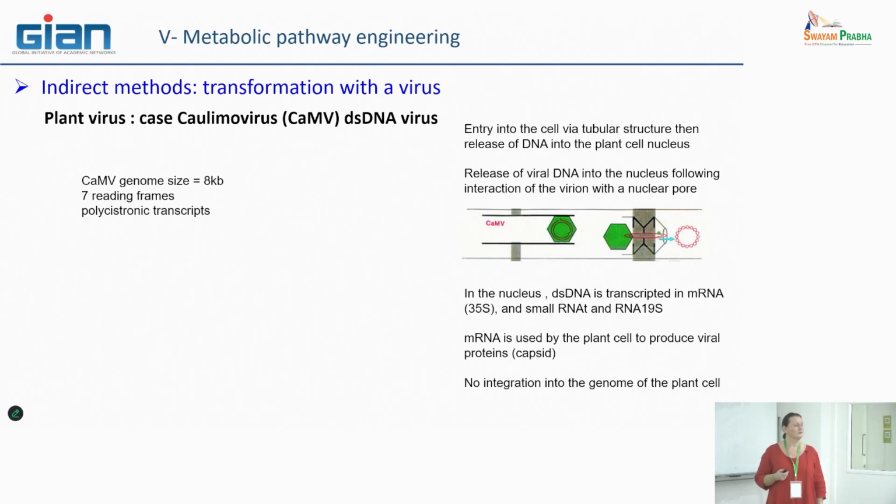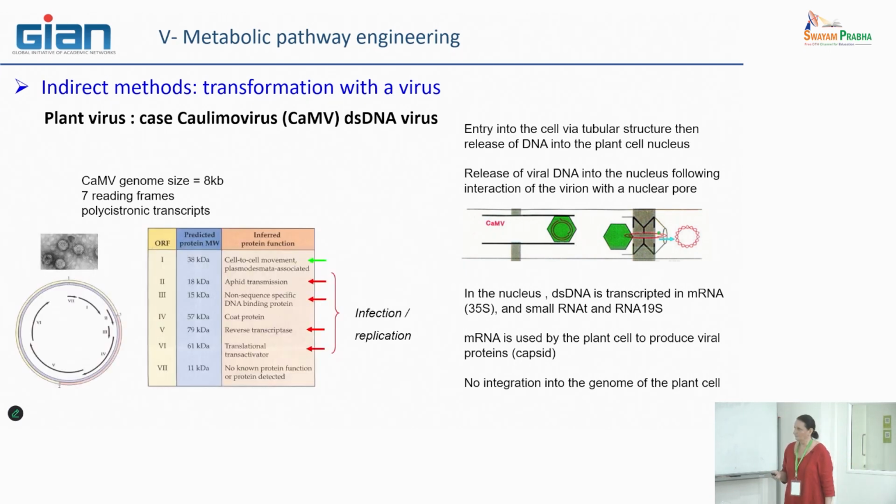If we want to integrate this particular genome, we have to combine what we now know of the Ti plasmid from Agrobacterium, for example, and also the sequence of virus genomes. So I will show you that.